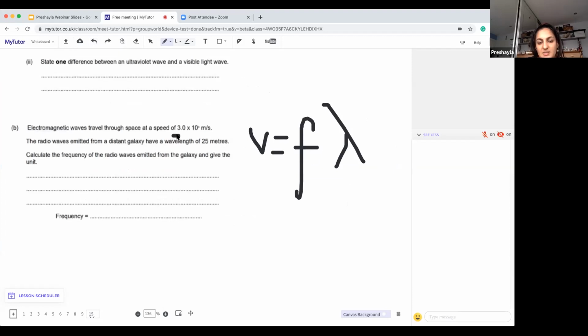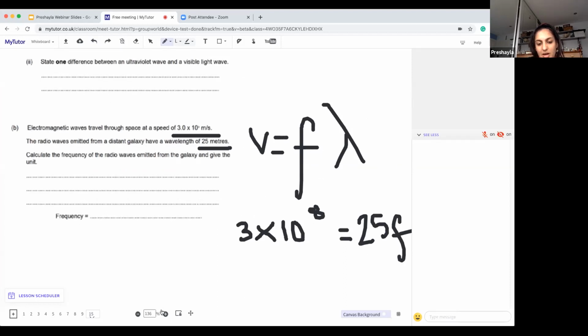You've been given the wave speed, 3 times 10 to the 8, and the wavelength, 25 meters. What is the frequency? Have a think, put your answers in the chat.